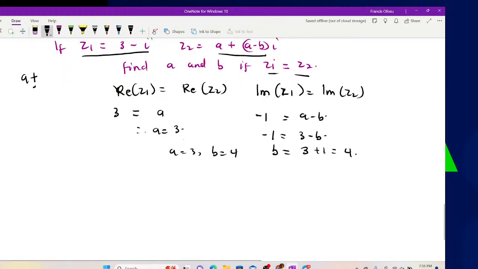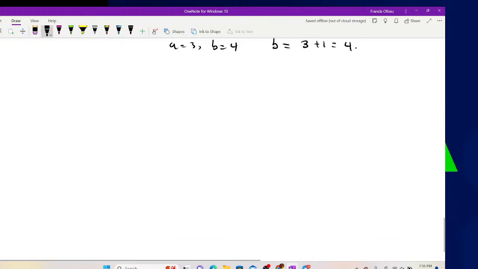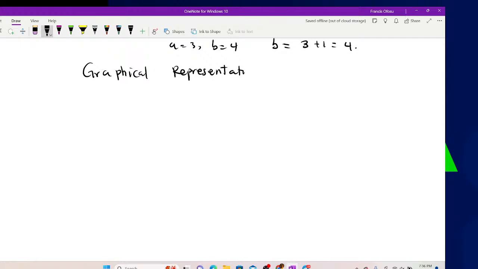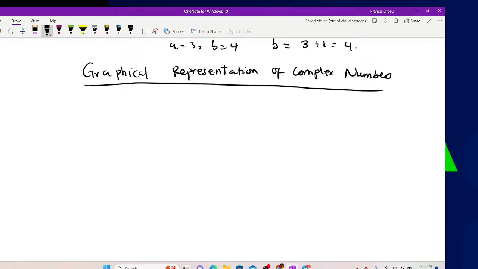Let's quickly move to graphical representation of complex numbers. So whenever you have a complex number, z is equal to, let's say, x plus iy, you can compare this to the linear graph y is equal to mx plus c, right?